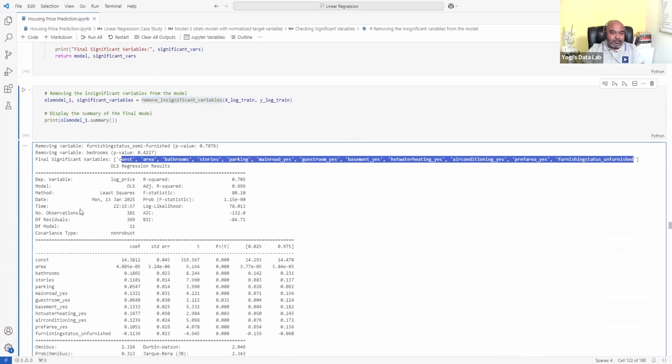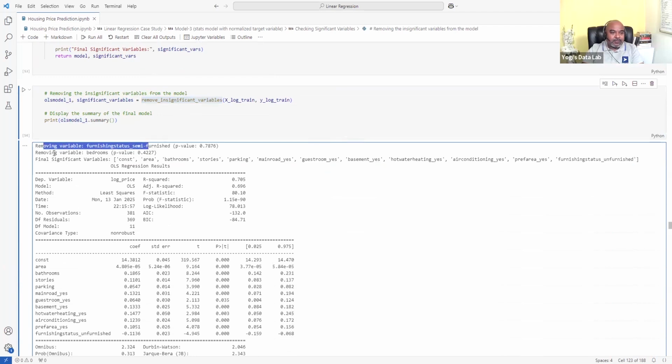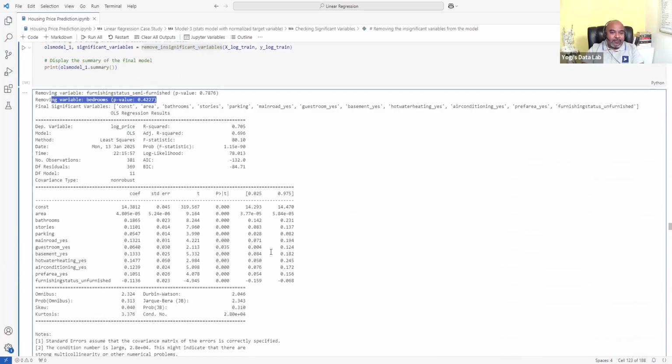It has also told you which variables it has removed. Now we have built the model, and when I look at the p-value column, all my values are less than 0.05. It means that I don't have any multicollinear variables and I don't have any insignificant variables. So my stats model is complete and I have created my final model.